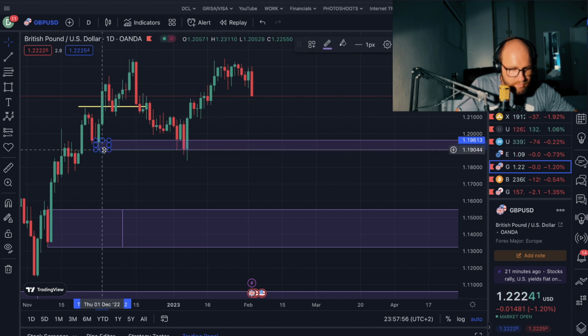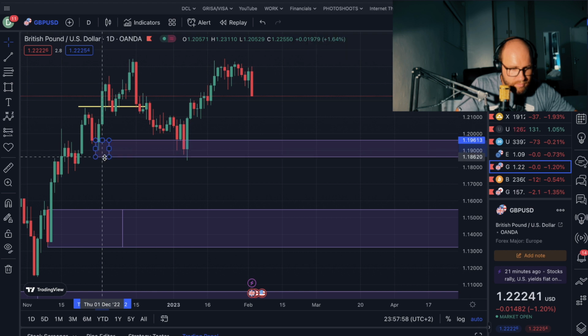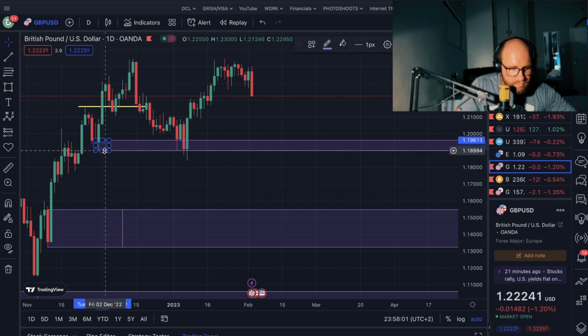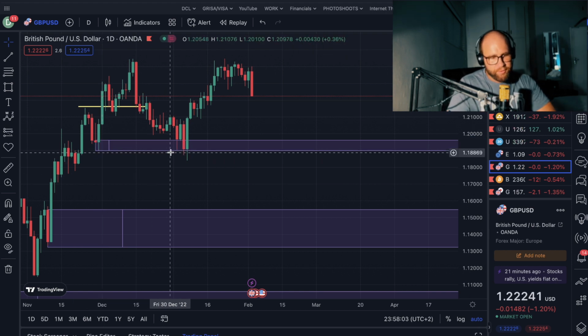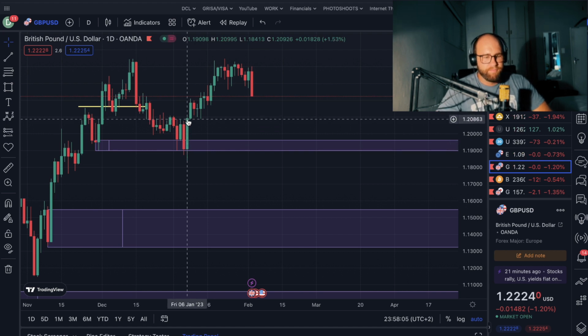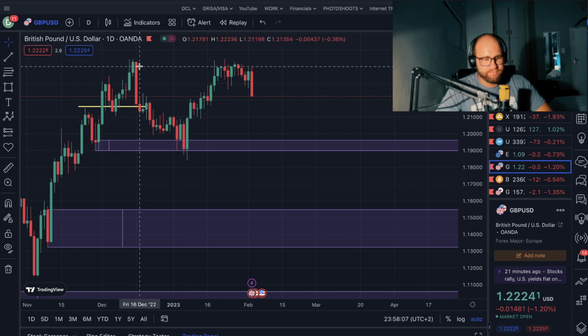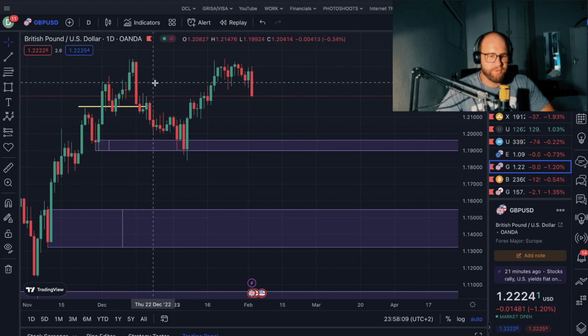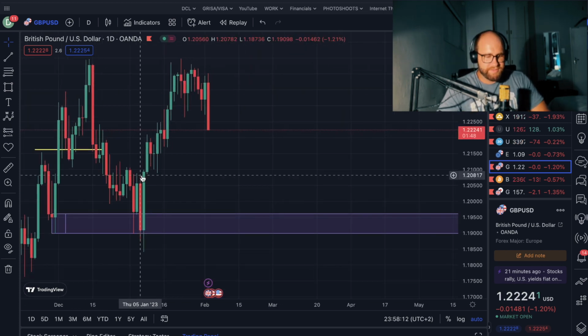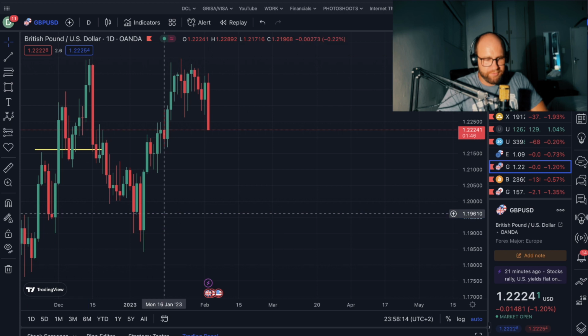All right. Even on the daily, you can see we've got the red candle, green candle. But obviously, buying here, TP there, that's not worth it. So this is a demand zone that has been violated already.